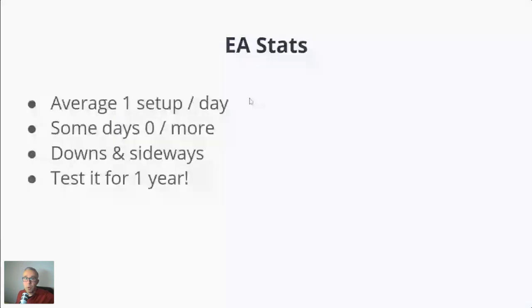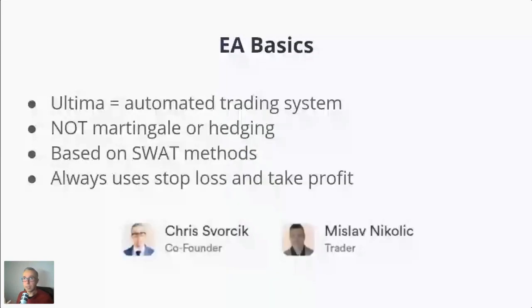Let me give you some more basics. So now I'll give you a little bit of an impression about what the results are as a first intro. So what is the Ultima EA? First of all, it's a 100% fully automated trading system, which means that the EA will do the entry. It's stealth market orders.